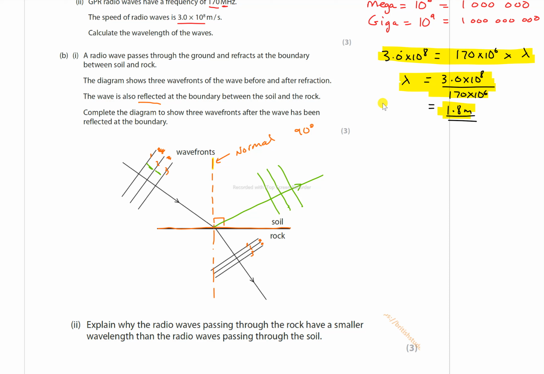Just remember that the wavefronts are going to be parallel to each other, yeah, these are all parallel. These are the same distance apart here and here, and the same distance as these are.